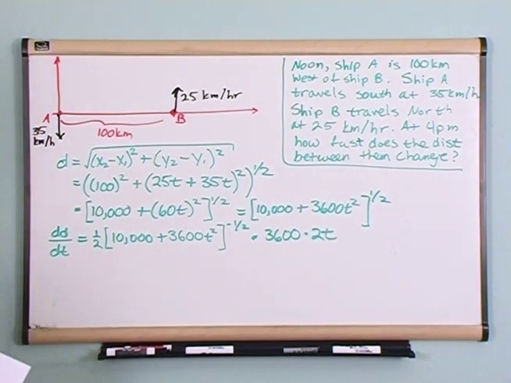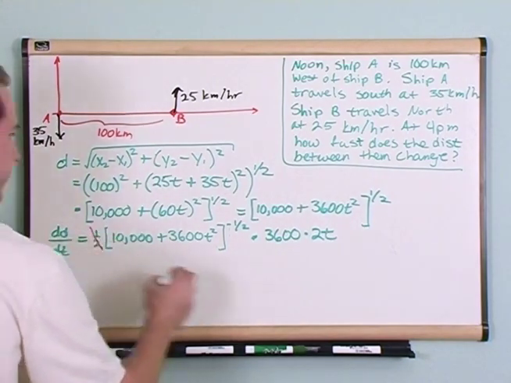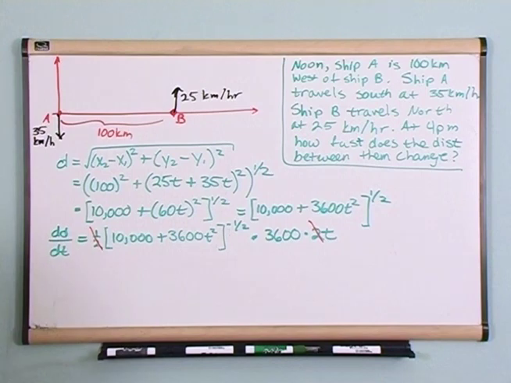Now luckily, because I don't want to do any more multiplication, this 1/2 cancels with this 2. They divide out, so I got a 1 there.